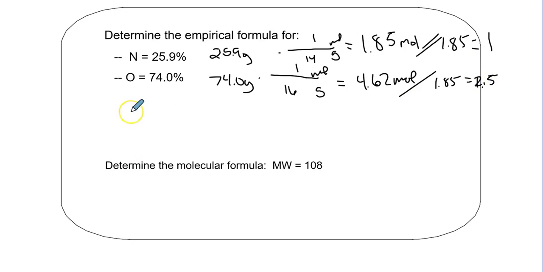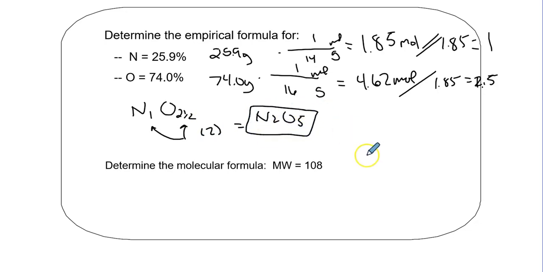Now that means for every 1 nitrogen, there are 2.5 oxygens. We can't have half an oxygen. So to get out of this fraction, we're going to multiply both of these by 2. And that gives us N2O5. And that is our empirical formula.